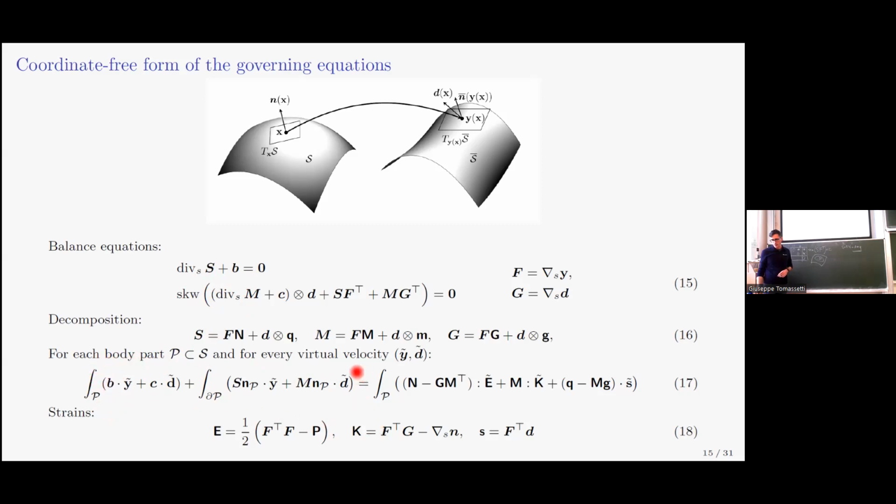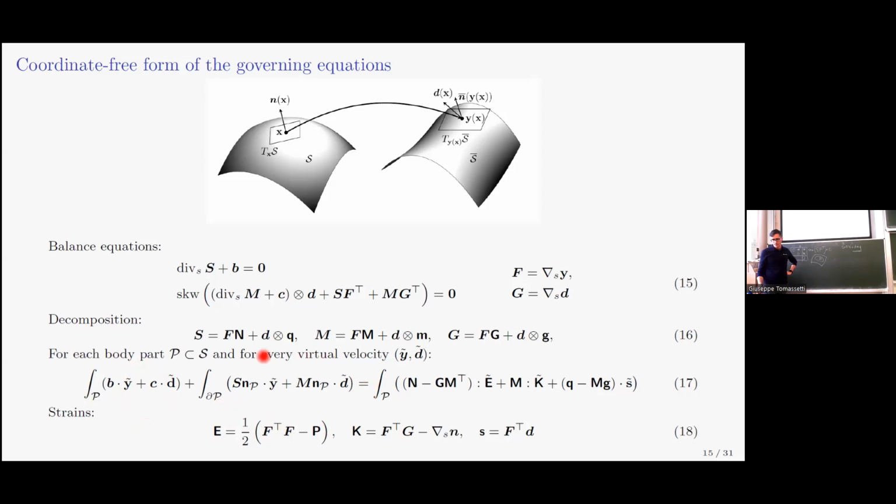It's an identity where on the left-hand side, you have the virtual power of external forces. In particular, you see here, B is the body force, and B expends power on the virtual velocity. At the same time, the external couple C expends power on a virtual variation of the director D. This is essentially the power of external forces and couples.